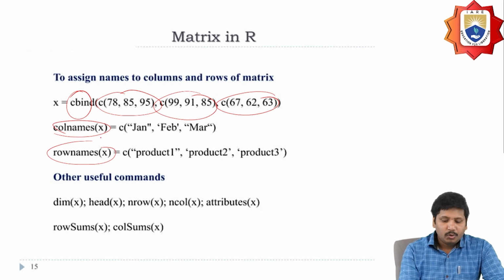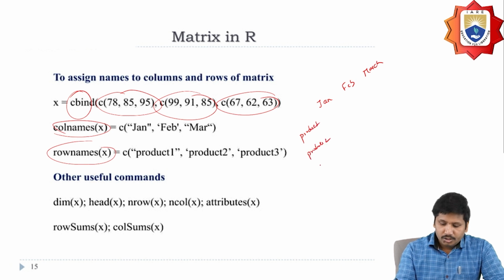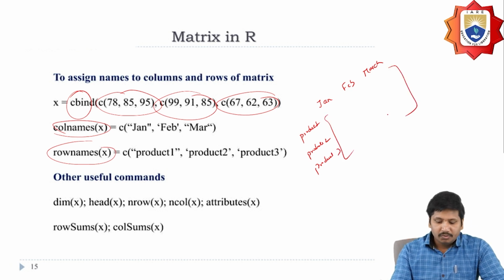Here, if I write colnames of x, the column names of the matrix will be January, February, March, and the row names will be product 1, product 2 and product 3. So these are the initial column names and row names of the matrix.